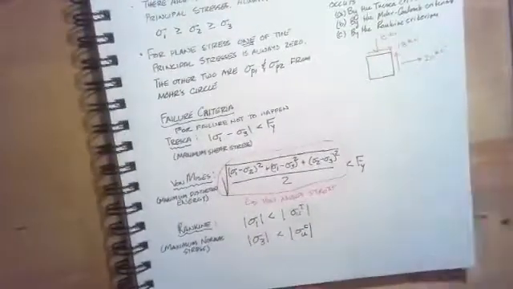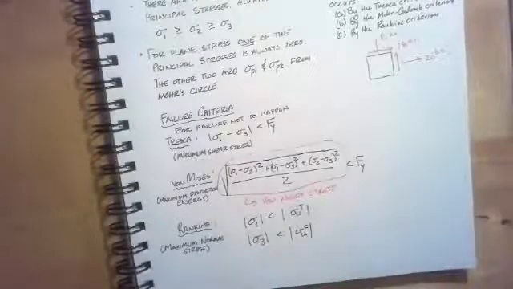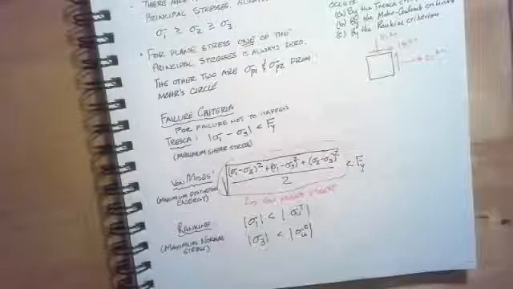And then the Rankine criteria is based on the maximum normal stress. And we would compare that with the tensile and compressive strengths of the material that we're working with. So we would be interested in our maximum tensile stress. And if that is less than the ultimate strength, then we would have safety as far as tension goes.